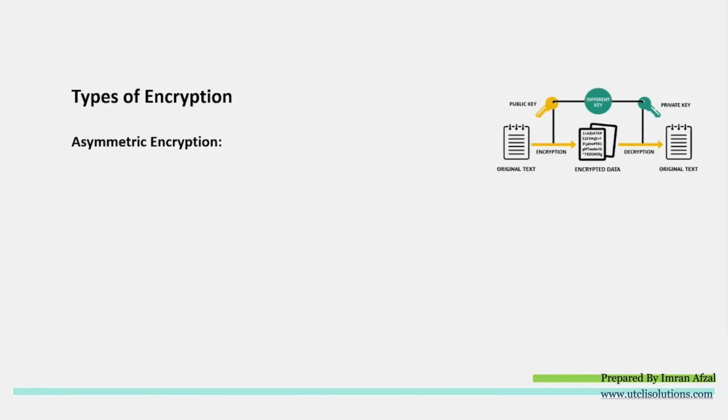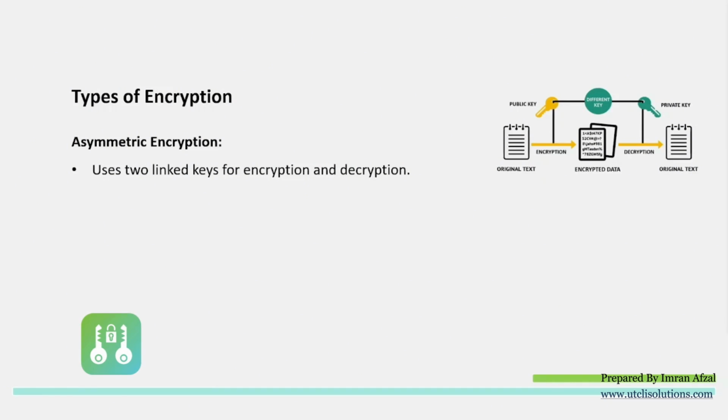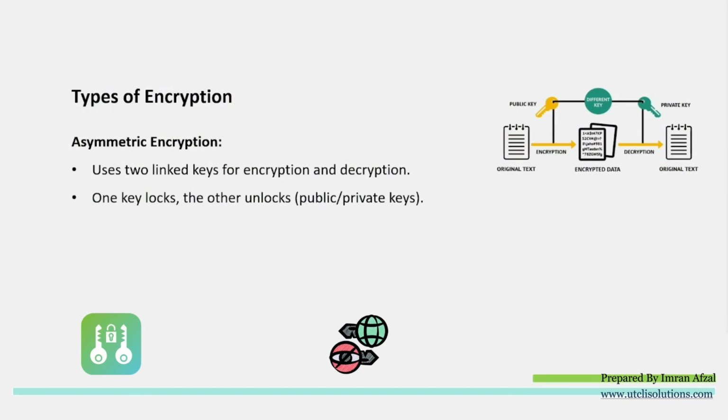Asymmetric encryption. Well, asymmetric encryption, also known as public key encryption, uses two different, but logically linked keys for encrypting and decrypting data. Think of it like having a lock with two keys, one for locking and one for unlocking.